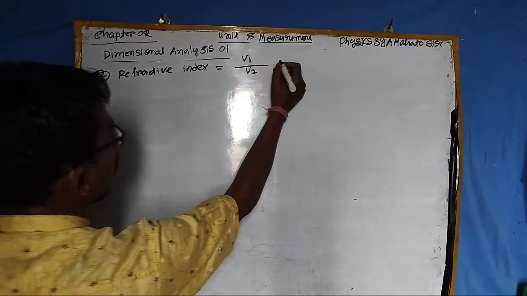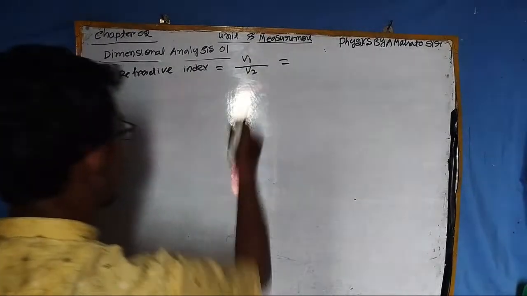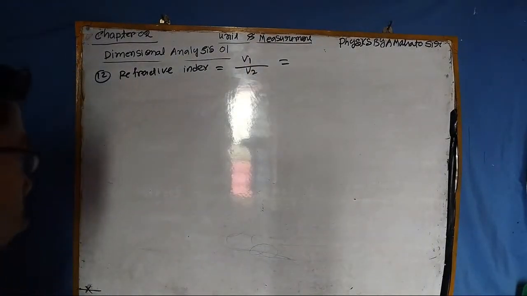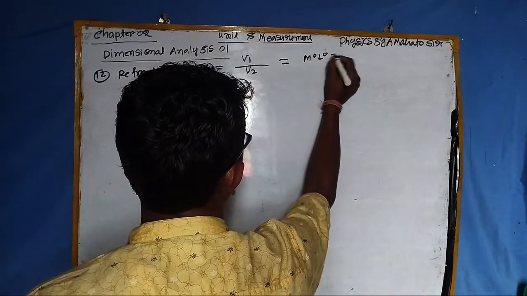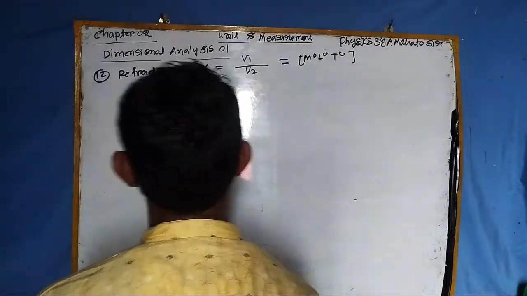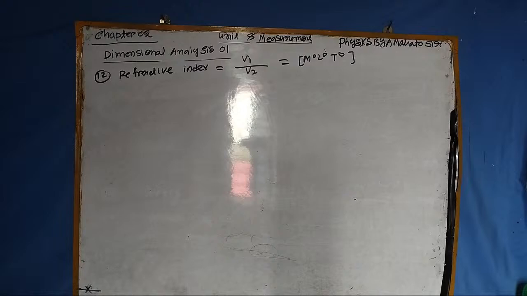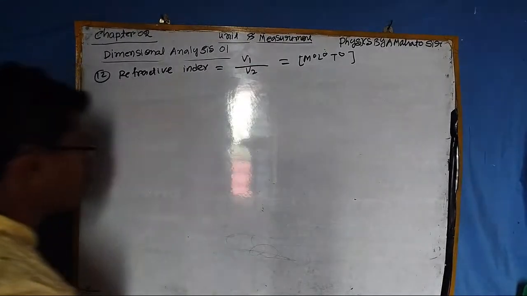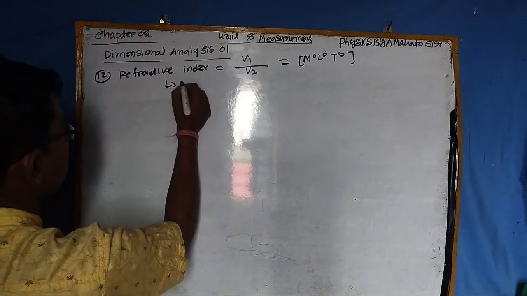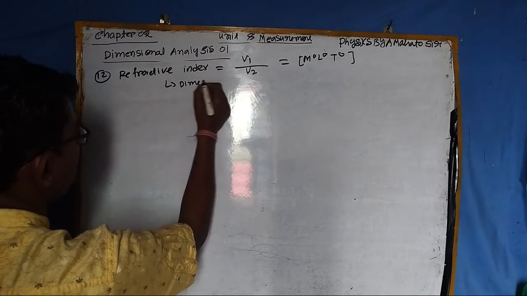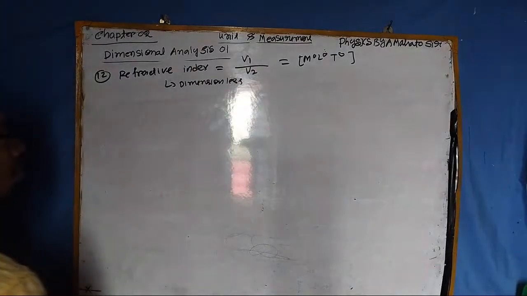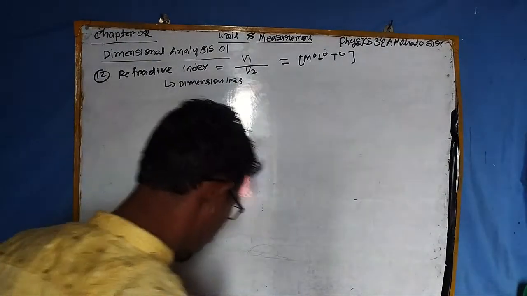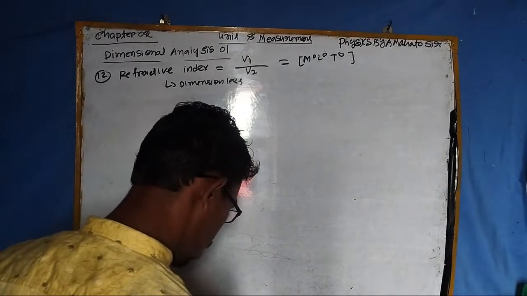The velocities cancel, so the dimension is M0 L0 T0. So the refractive index is a dimensionless quantity.